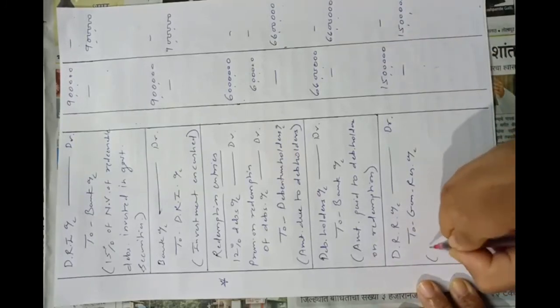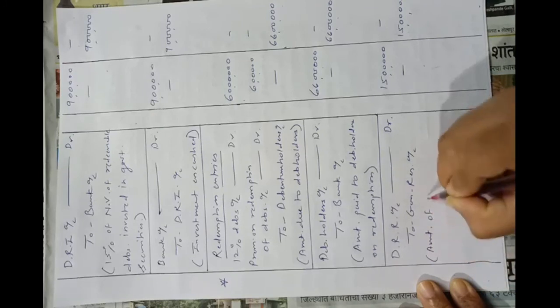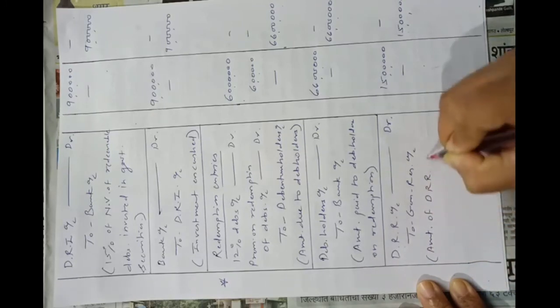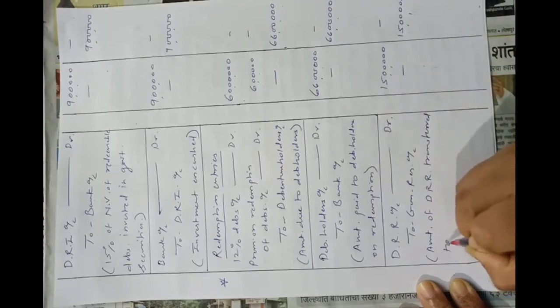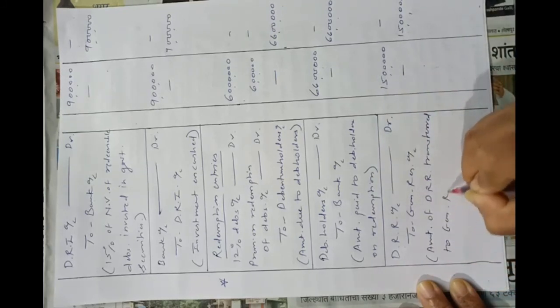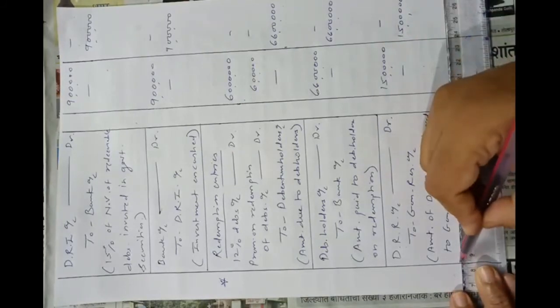And narration will be amount of DRR transferred to general reserve account. This will be the last entry, general reserve account on redemption. Obviously this will be the last entry of this case.